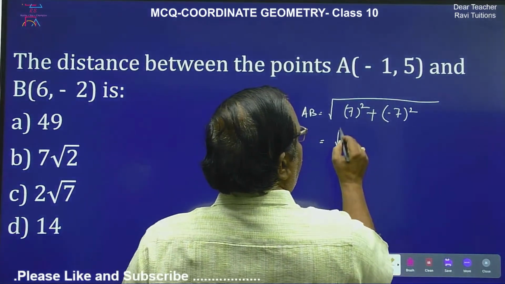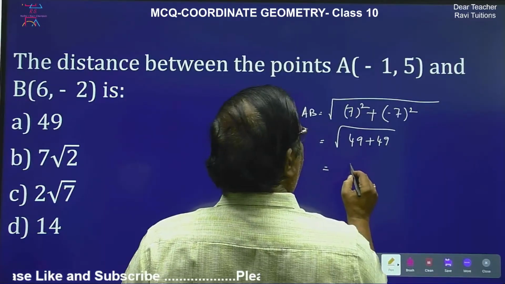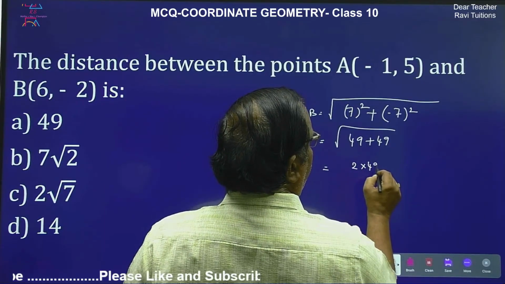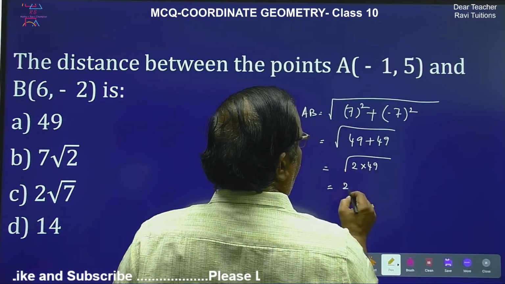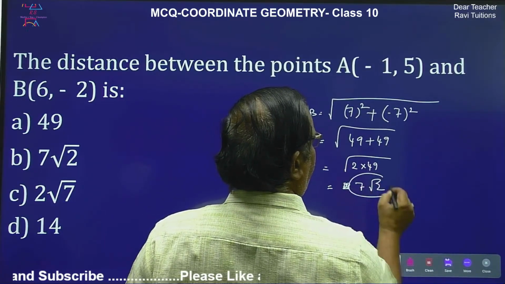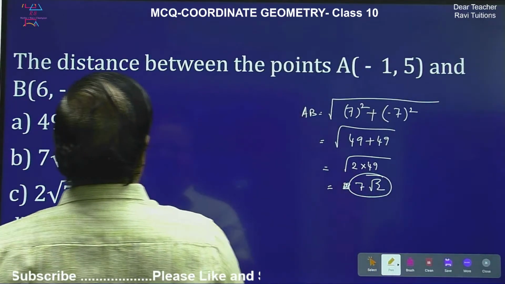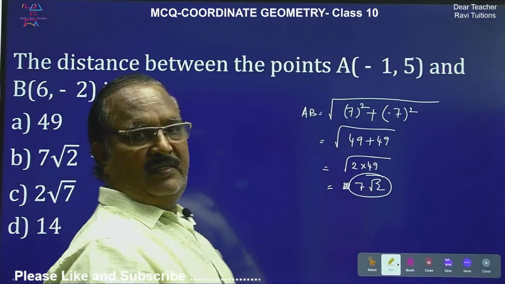So then how much? 49 and 49 is equal to 2 into 49. I am writing like this because I have to remove the root. Okay, 7 into root 2, because root 49 is 7. Root 2 there is no root, 7 root 2 is the correct answer.